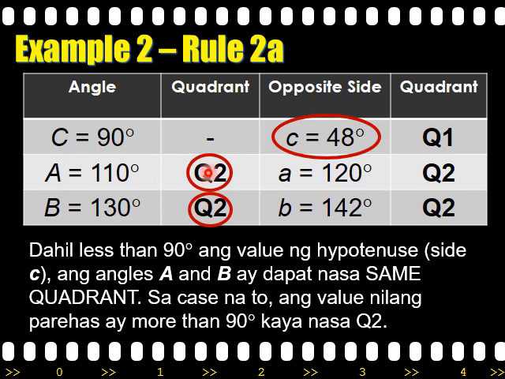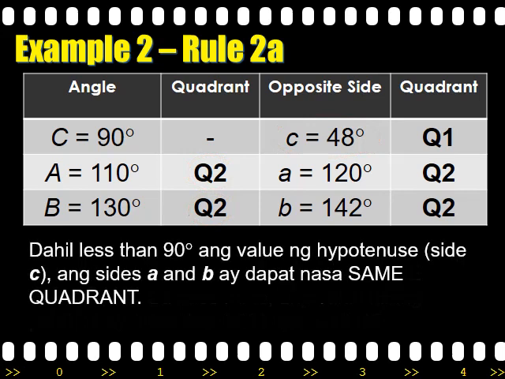So, in this case, parehas silang nasa second quadrant. Now, again, since less than 90 degrees si hypotenuse C, dapat yung ating sides A and B nasa same quadrants din. So, in this case, parehas silang nasa Q2.